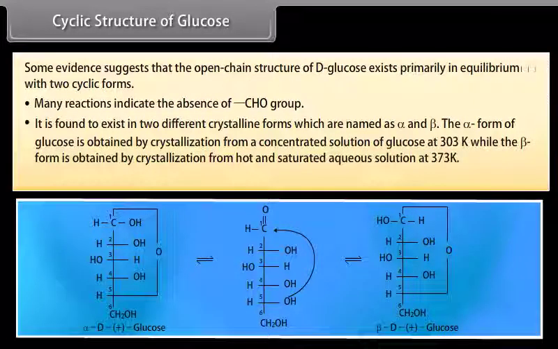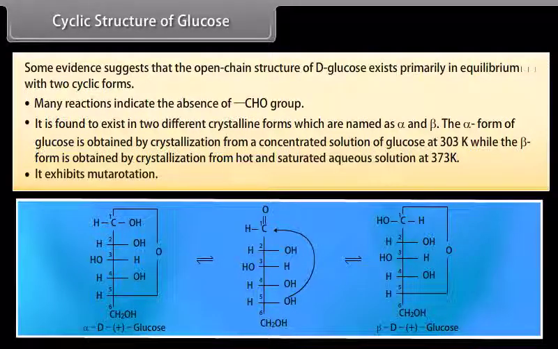It is found to exist in two different crystalline forms, which are named alpha and beta. The alpha form of glucose is obtained by crystallization from a concentrated solution of glucose at 303 Kelvin, while the beta form is obtained by crystallization from hot and saturated aqueous solution at 373 Kelvin.